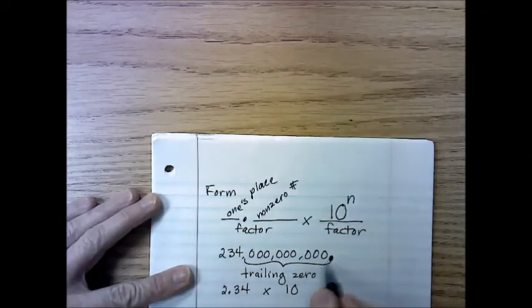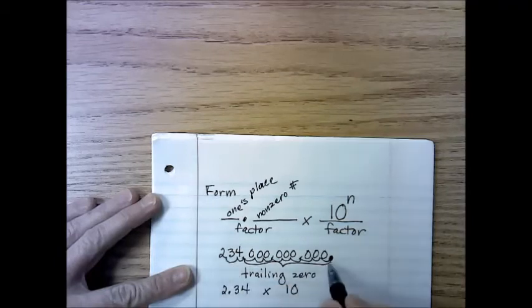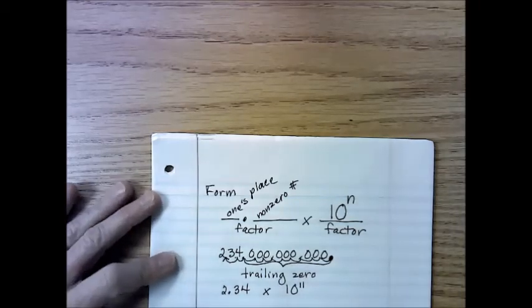I have to get it behind the 2. So I'm moving it 1, 2, 3, 4, 5, 6, 7, 8, 9, 10, 11. Let me recount. 1, 2, 3, 4, 5, 6, 7, 8, 9, 10. I have to move it 11 places, so that would be 10 to the 11th.